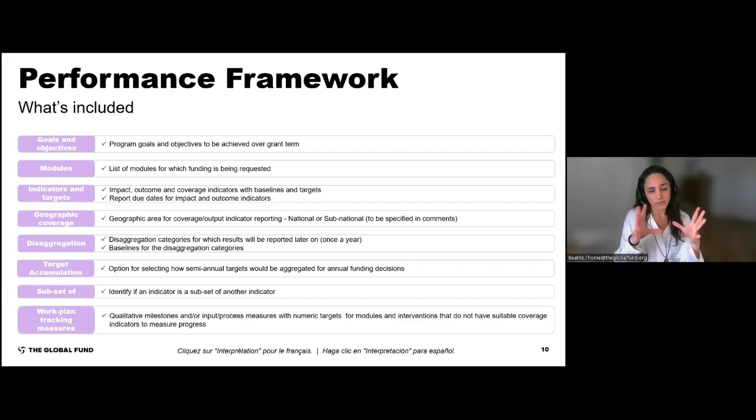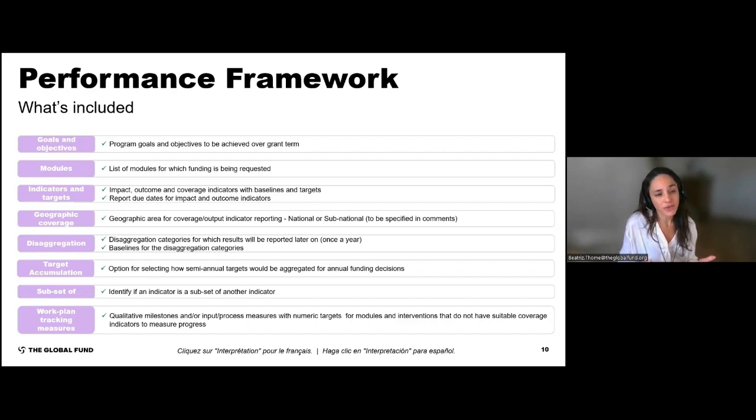Hence the guidance for both documents being the same, the modular framework. It will include the indicators, so impact, outcome, and coverage indicators with their own baselines and targets, alongside their report due dates for impact and outcome indicators.